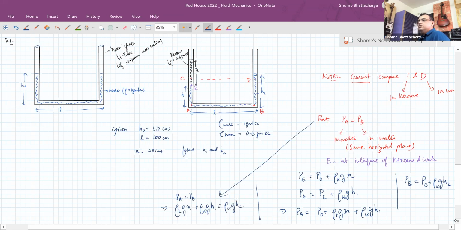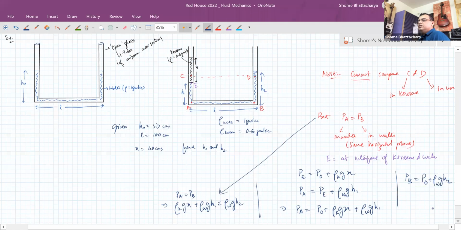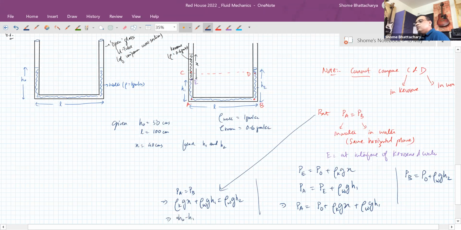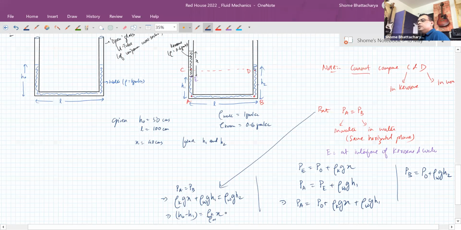This gives us a very effective little equation: H2 minus H1 is equal to the relative density of kerosene with respect to water into X. So in this case, it will come out to be 0.6 into 40. So the difference of the two levels, H2 minus H1, should come out to be 24 centimeters.